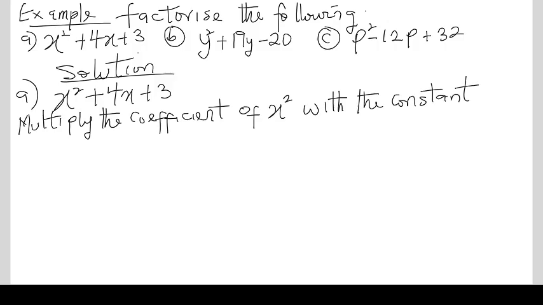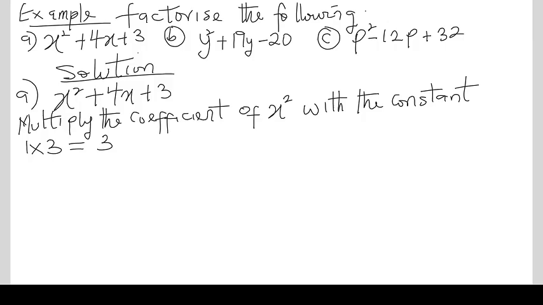In this case, the coefficient of x squared is 1, the number that is with x squared. Though we are not going to be writing 1, we all know that it is 1. The constant here is 3. So when I multiply 1 and 3 together, 1 times 3 will give me 3. So that's the first step. Multiply the coefficient of x squared with the constant.